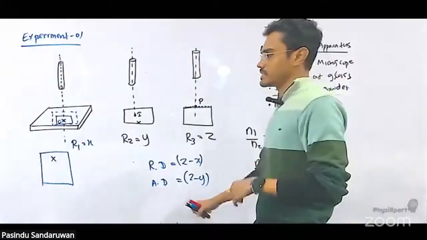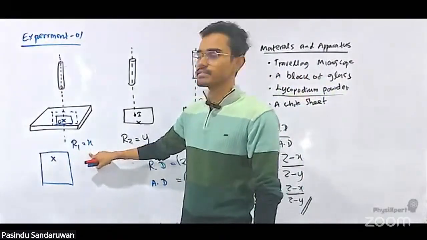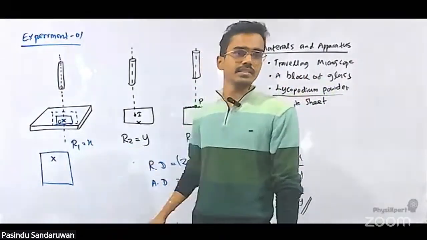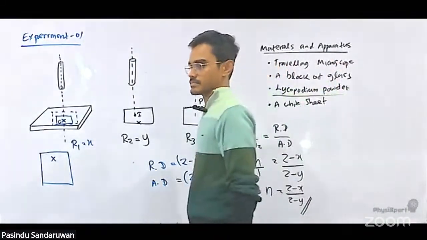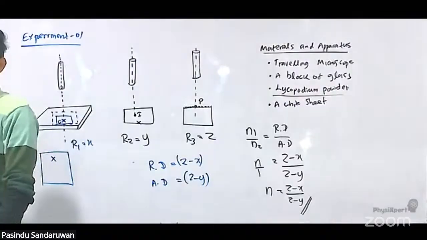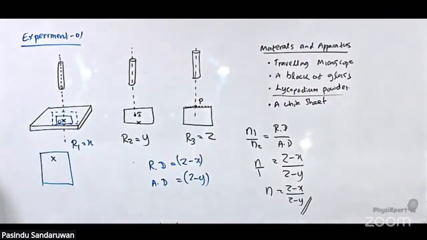Within brackets, write down R1 equals X. The first reading, I consider that as X. R1 equals X. Then, next point.